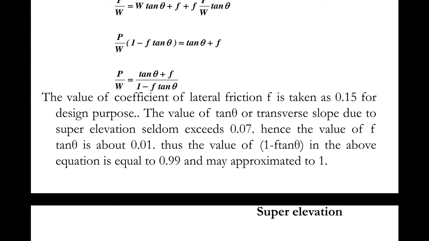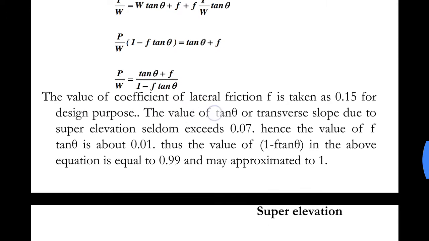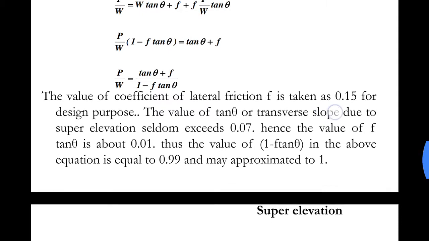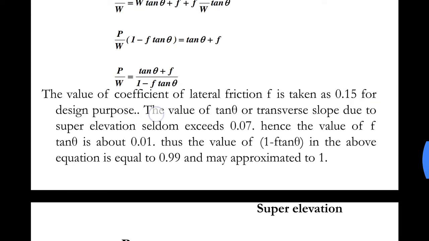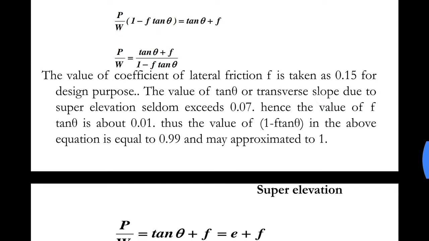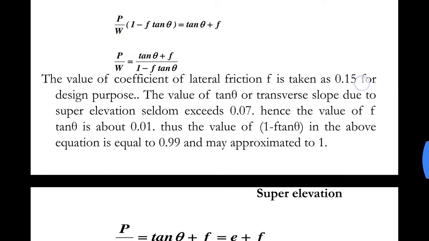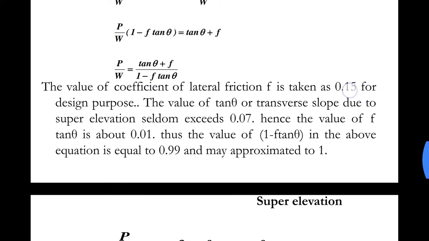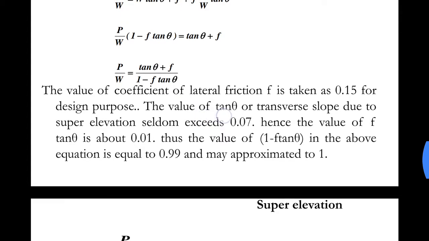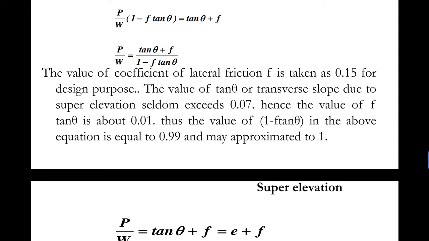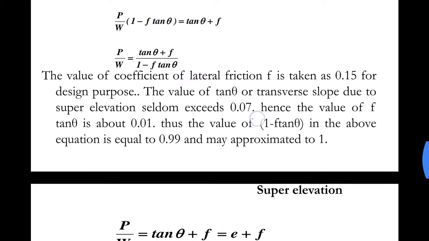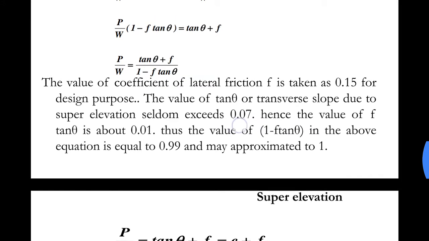The value of coefficient of lateral friction F is taken as 0.15 for design purpose. This is the standard value that we use for design. The value of tan theta or transverse slope due to super elevation seldom exceeds 0.07. This I explained earlier on.